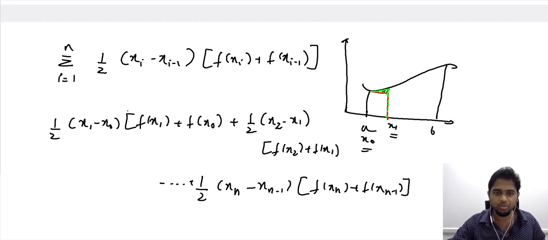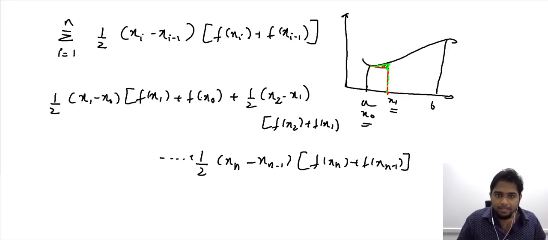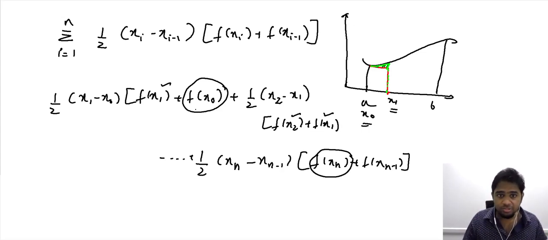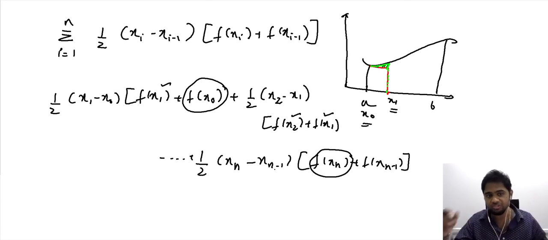The reason we need to do it is because these terms, that is x1, get repeated, and in the same way x2 gets repeated, except for the initial and the final point. Except for the functions of the initial and the final point, all the other terms get repeated, meaning the function of x1, x2, x3, and so on till xn minus 1 all get repeated, except for the function of x0 and the function of xn.